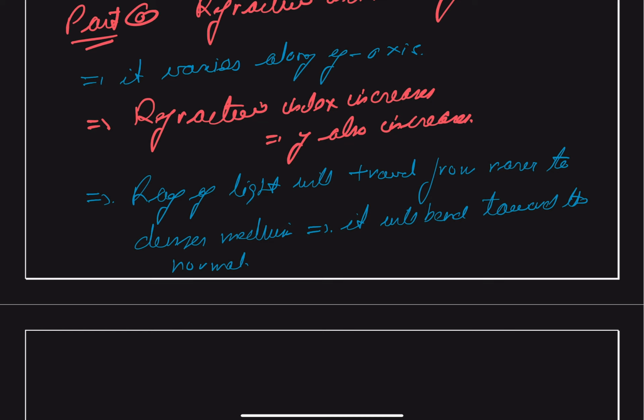Within the glass slab, if these are the various layers in the glass slab, this will be our rarer medium, and the next one will be our denser medium.